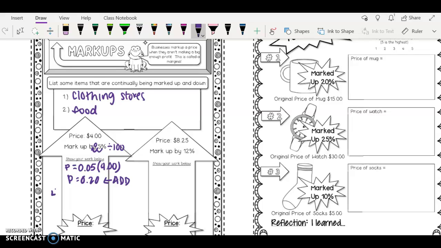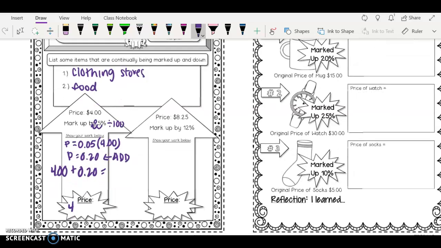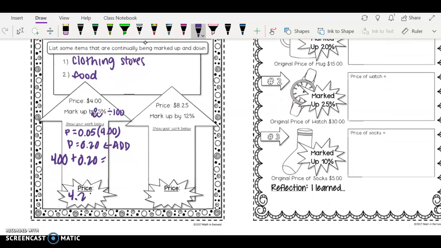So I'm going to take that $4 and I'm going to add that to my 20 cents. And I get a price of $4.20. So I'm selling the item for $4.20, even though it only cost me $4 to purchase. But this way I make an extra 20 cents for each item that I sell.